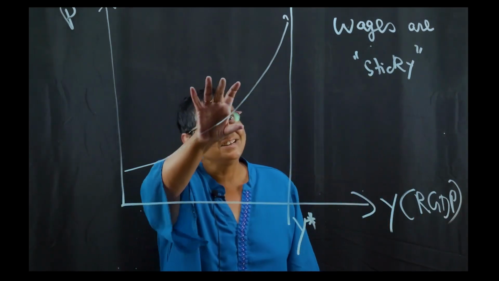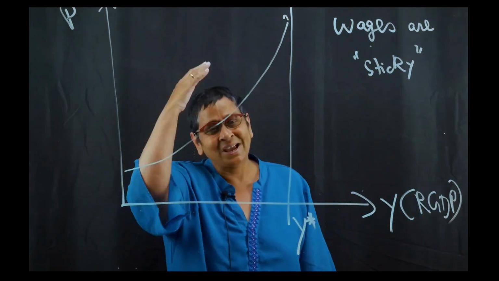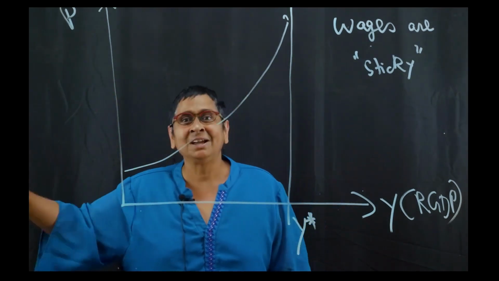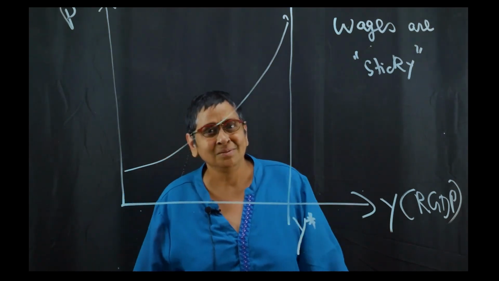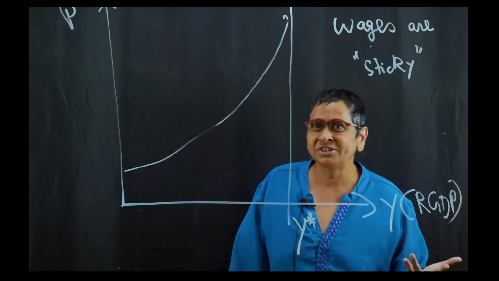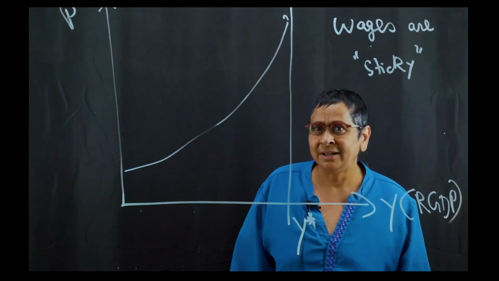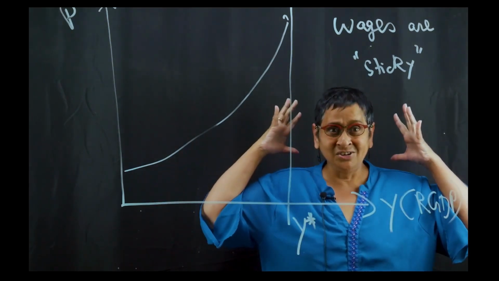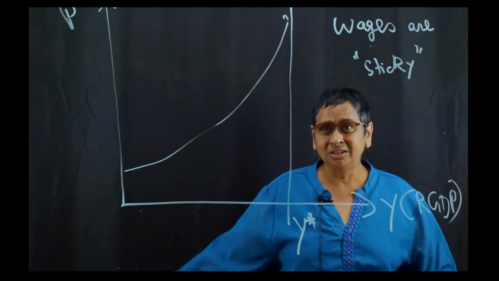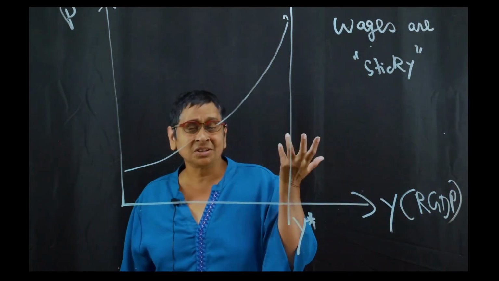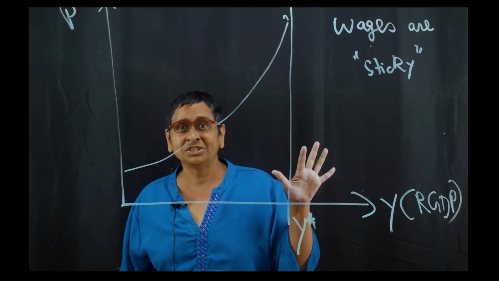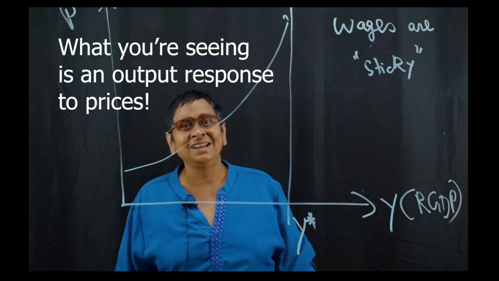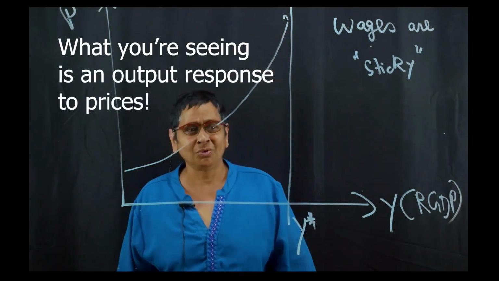If you're in a deflationary cycle, which we haven't been in for a long time, because thankfully we have governments that in most cases practice a certain level of counter-cyclical policy to not let things get that bad. Overall, while we get really tense about inflation, there are some real concerns if we ever hit deflationary cycles. Thankfully we haven't. But overall, what you're really seeing is a kind of output response to prices.